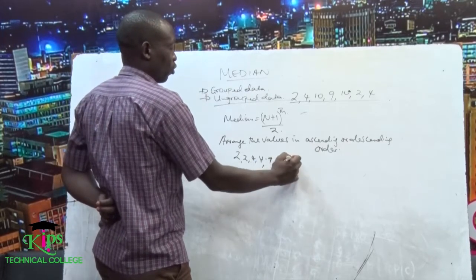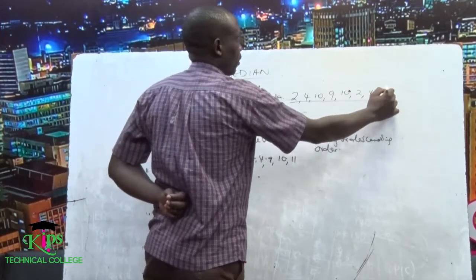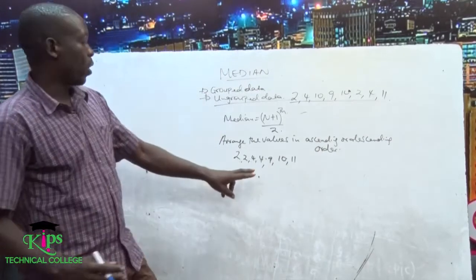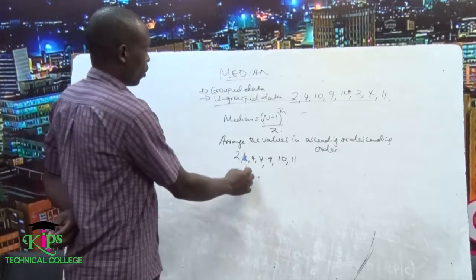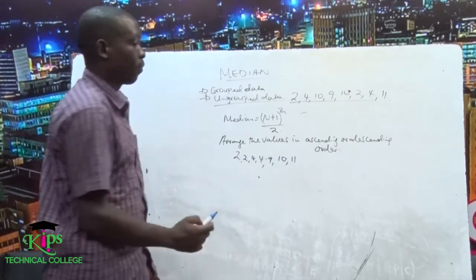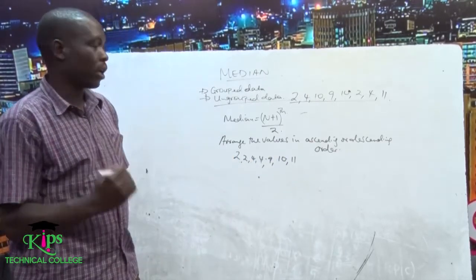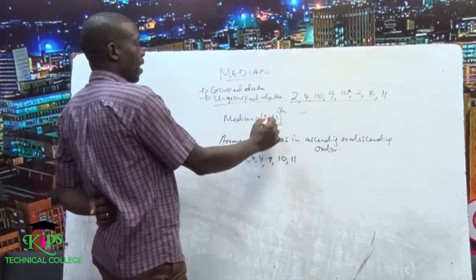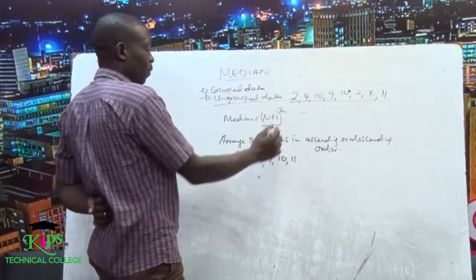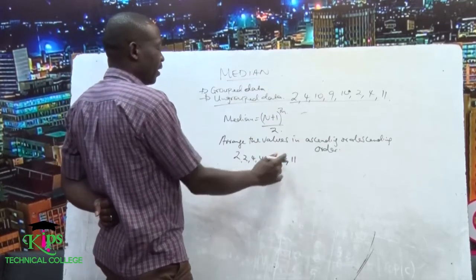Let us introduce another one so that we can start with the median when the number of values is odd. In this case, we have 1, 2, 3, 4, 5, 6, 7. We have 7 values. To locate the median, it is the value occupying the n plus 1 over 2 position, where n is the number of values.